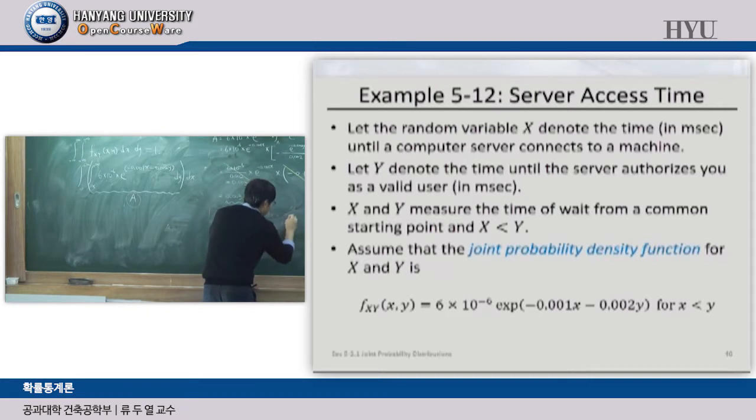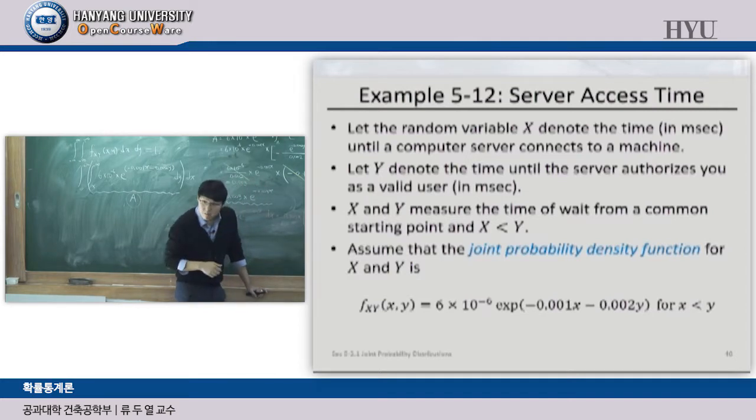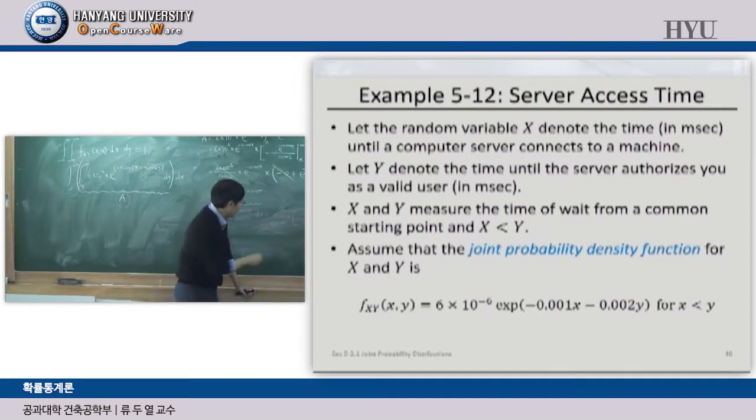So that is 0.003 by minus 0.003 exponential minus 0.003x from 0 to infinite. And this can be eliminated, okay? So we only have to calculate the minus exponential minus 0.003x from 0 to infinite.